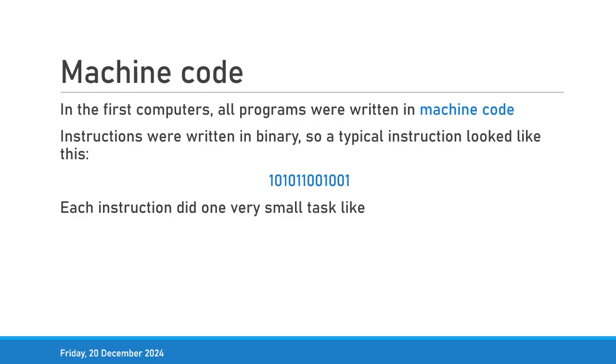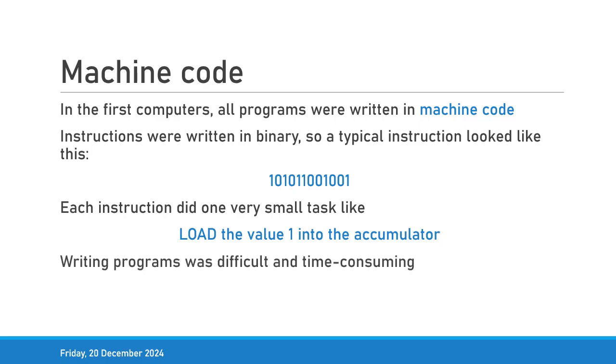You would have to sit there and write it and know what each one of those ones and zeros meant. Each instruction did a very small task, like load the value 1 into the accumulator. That's what that instruction is. Writing programs was, well, suffice to say, difficult and very time consuming.